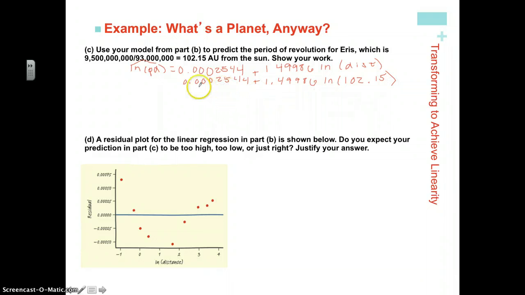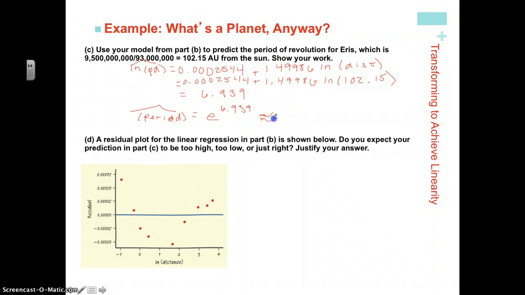That's going to turn out to be 6.939, but to predict the period, we have to undo the logarithm transformation. So the period is going to equal, because it's a natural log, we'll use base e, to the 6.939.